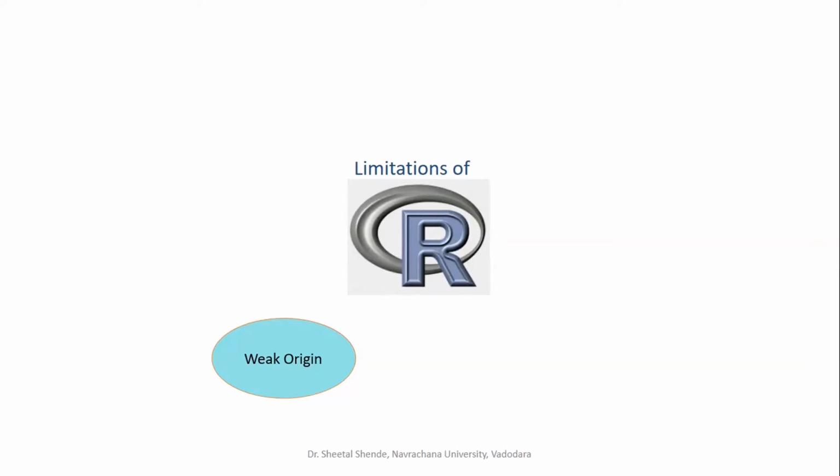And the second limitation is basic security. Because of some issues with basic security, anywhere we don't want our data to be used by others, at that time we cannot use R alone.